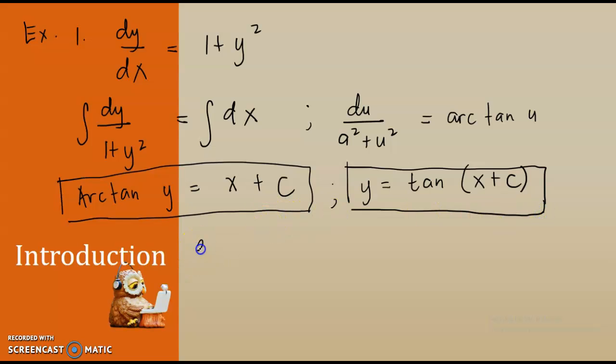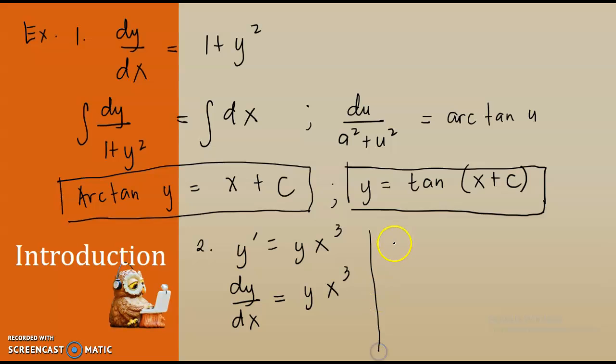Number 2. Solve for y prime equal to yx cubed. We have the derivative of y with respect to x is equal to yx cubed. Therefore, we have dy over y is equal to x cubed dx. Integrate.